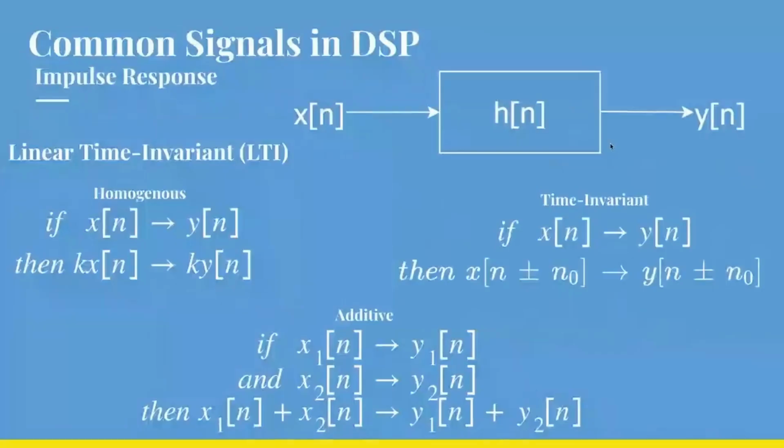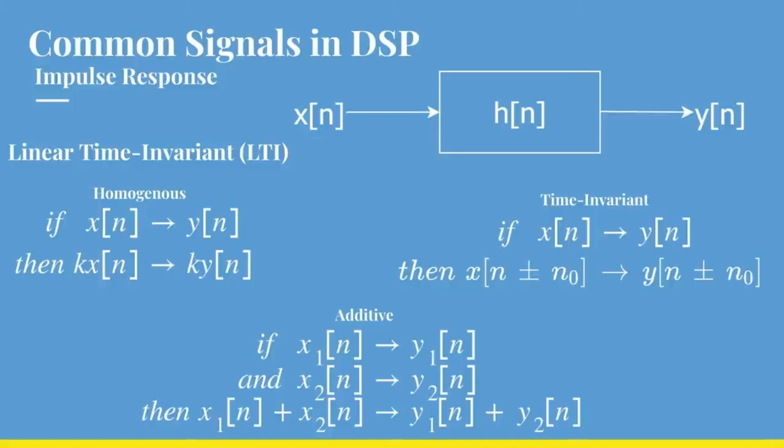So, last month I spoke a bit about introduction to systems, and I showed this block diagram, which is generally how a system is shown in most textbooks for DSP. You've got some input, a box which represents the system itself, and some output y of n.